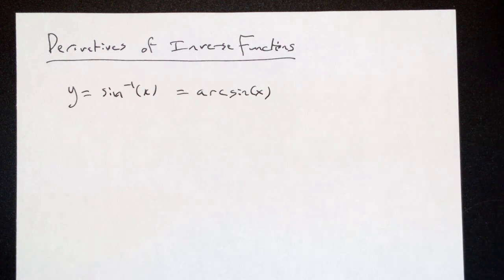It undoes sine. You give it a number between -1 and 1, and it tells you here's an angle whose sine is that value. And that angle is between -π/2 and π/2, either in the fourth or the first quadrant.